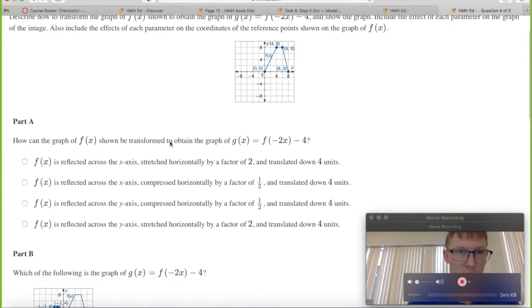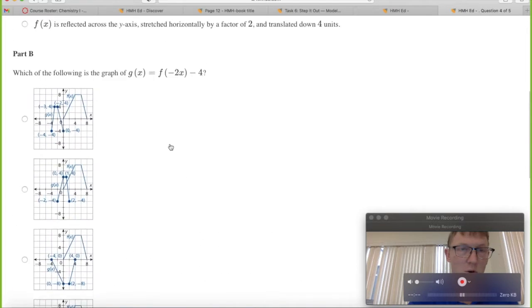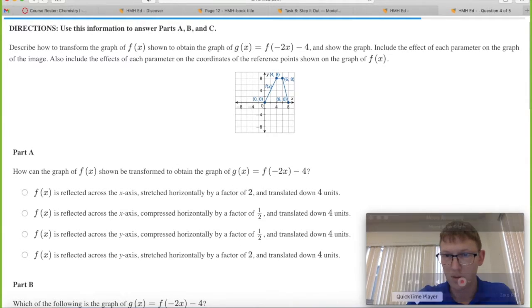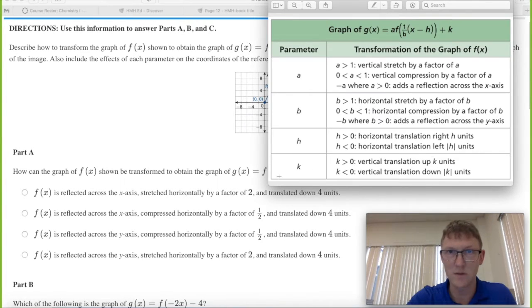Okay, so it's part A, B, and C. So part A, let's label our letters, our parameters. We'll start with that.